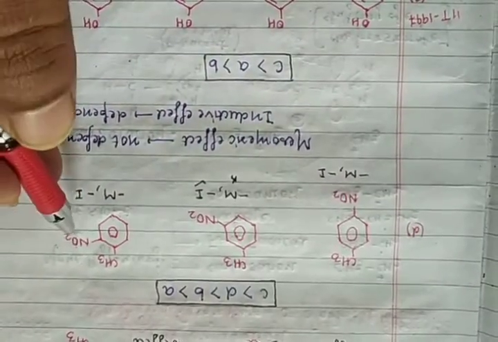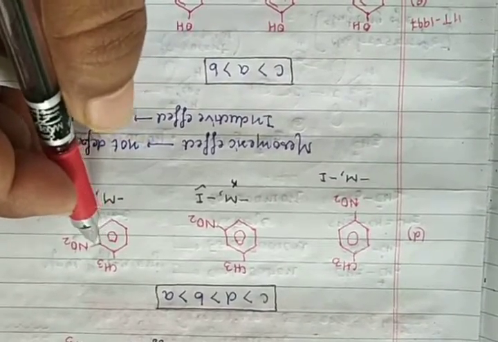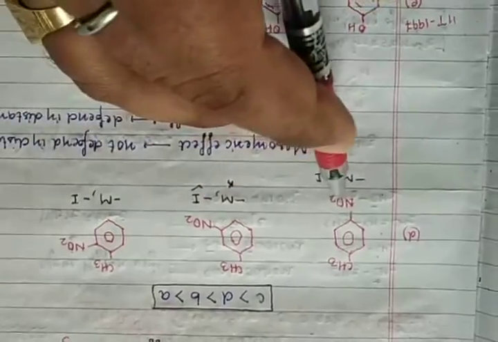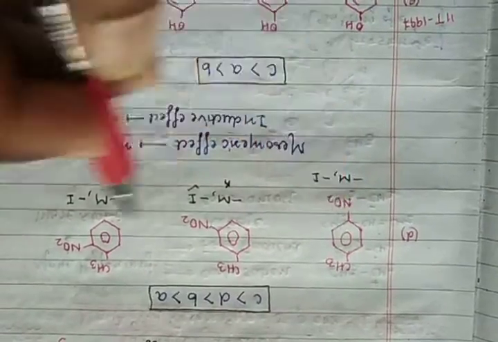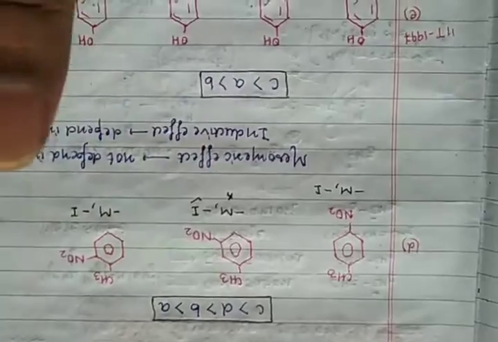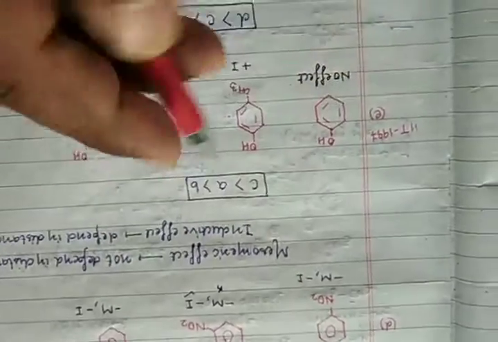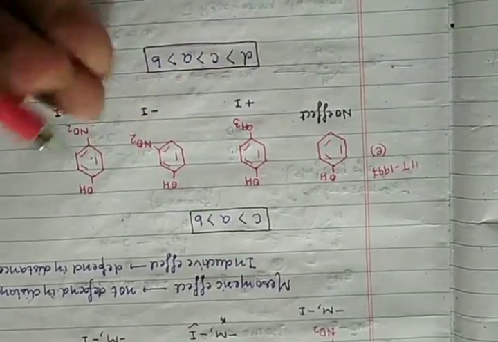So C is first because in this case the ortho position is near to the CH3 group, but NO2 is far. So now first is C, then A, then B, because at the meta position there is no mesomeric effect. Same for this, just practice.